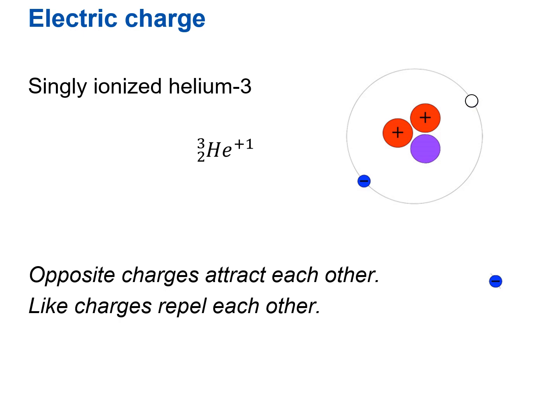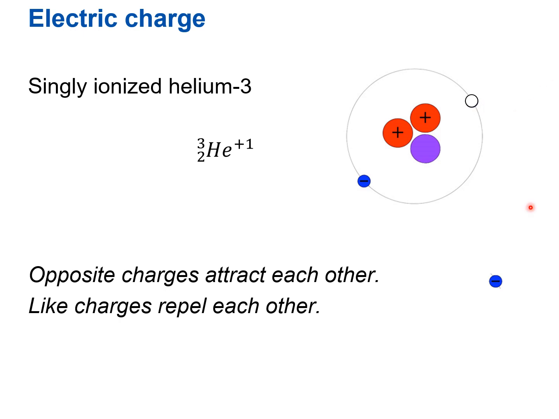And so it's joined. And now let's look at this. Now we have a singly ionized helium-3. Singly ionized because it should have 2 electrons, but it only has 1. So it's as if 1 has been stripped away. Now notice this helium-3 atom, it's got a vacancy right here. It's waiting for an electron to come along.